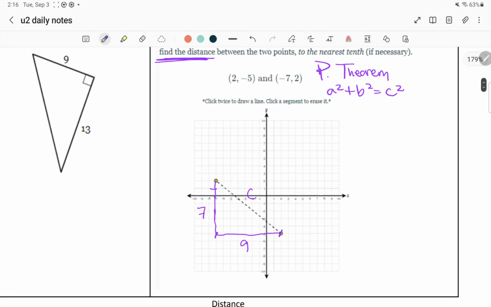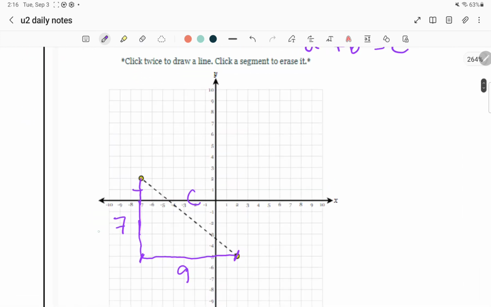And how this works is, that's my A, that's my B, I'm trying to find C. So I'm going to plug them into my Pythagorean theorem. And then I need to solve for C.